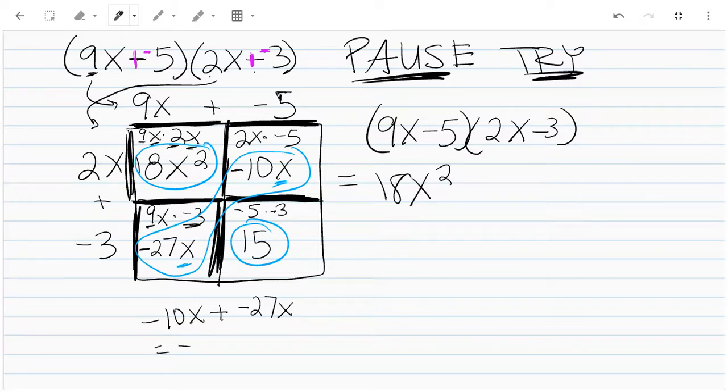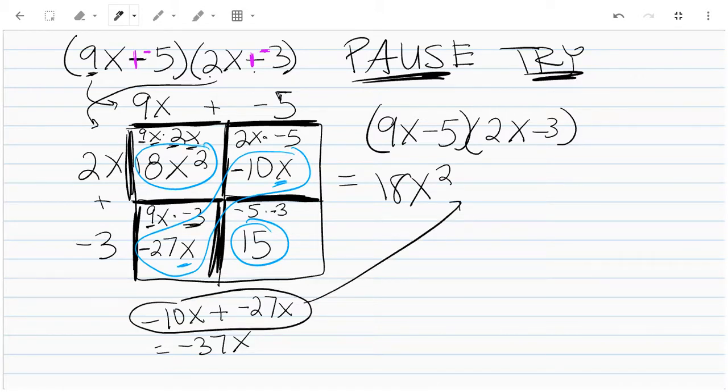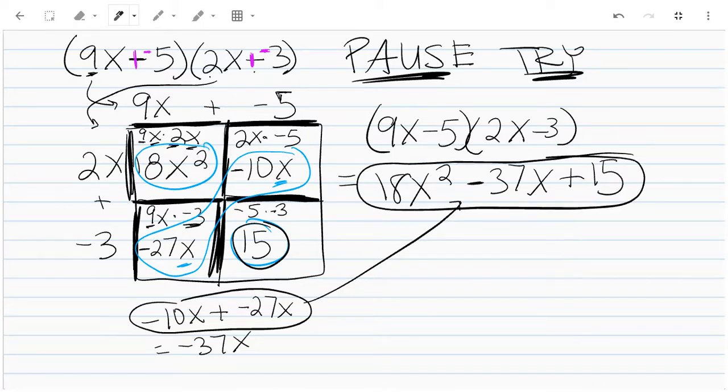These two together equals negative 37x. So that might help you to think that a little bit. That's going to be right here. So that's negative 37x, so minus 37x. And then I have this 15, so it's a positive, so plus 15. So that is what I get now.